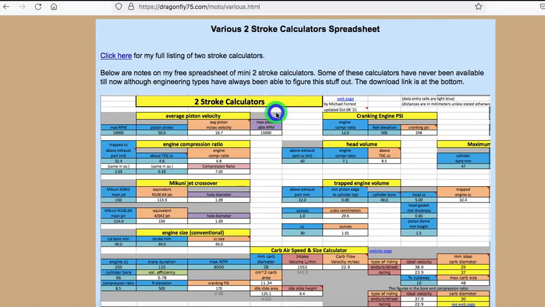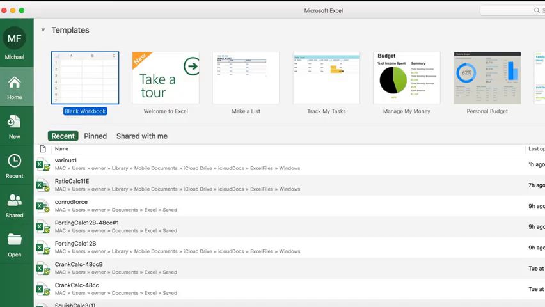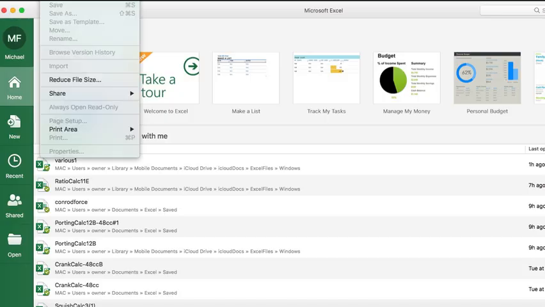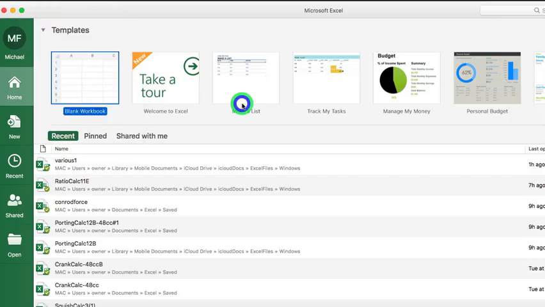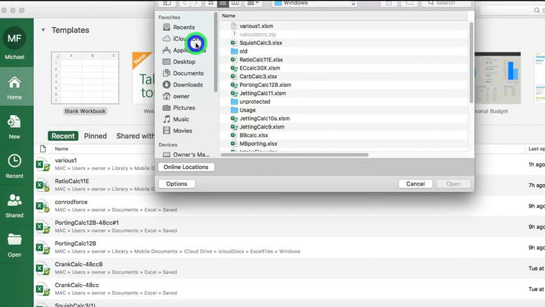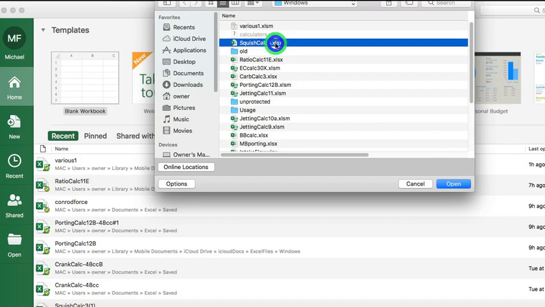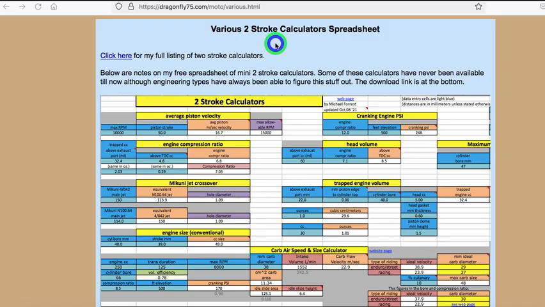After you've downloaded this, all you've got to do is open Excel or LibreOffice and click on File, click on Open, and go to where the files are saved. You find that file, double click on it, and it opens up.